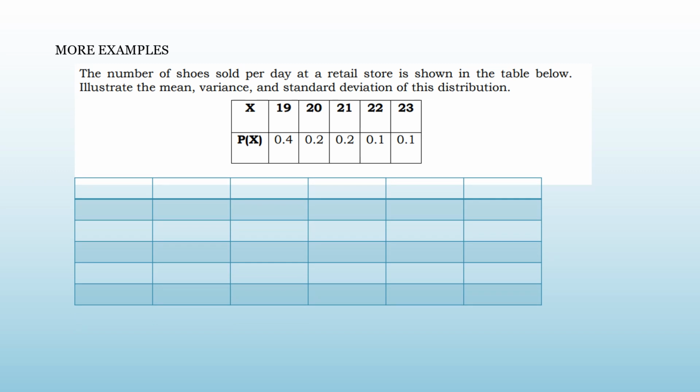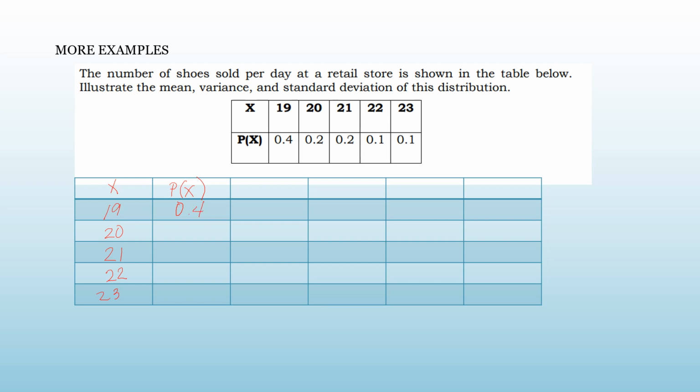We will put x here such that these are 19, 20, 21, 22, and 23. And then followed by probability of x. Probability of x of 19 is 0.4.